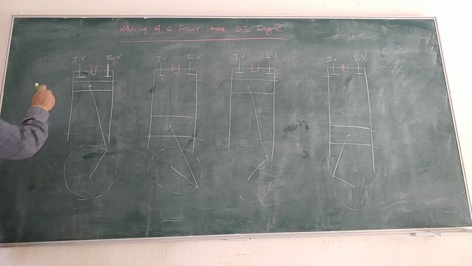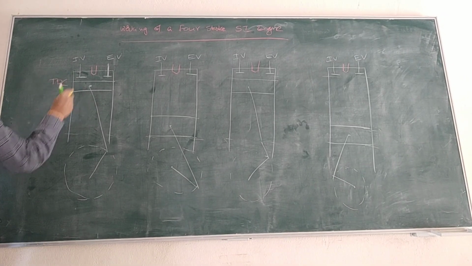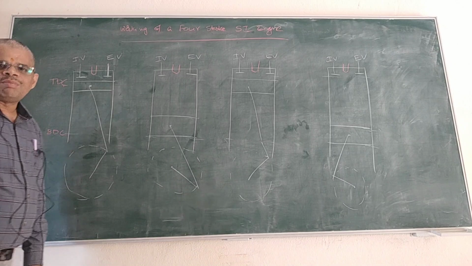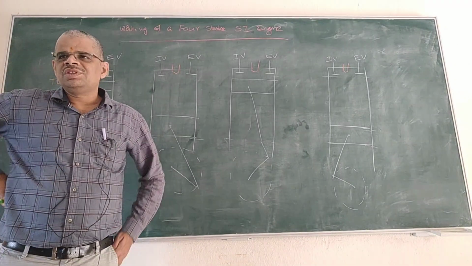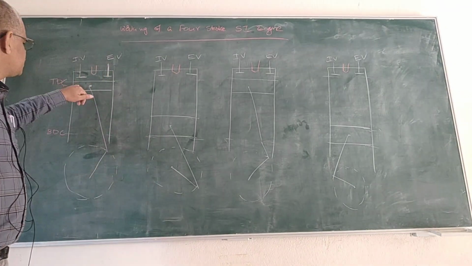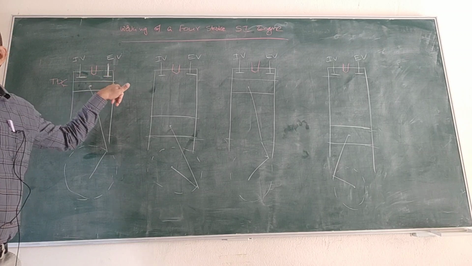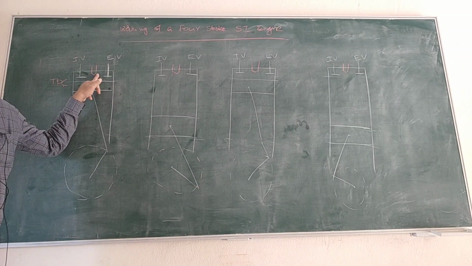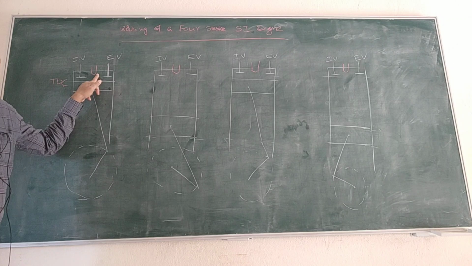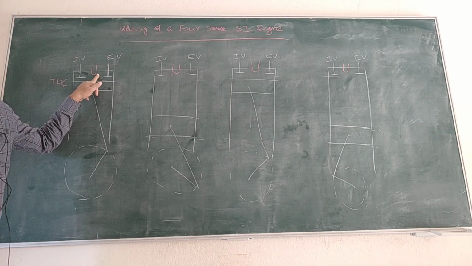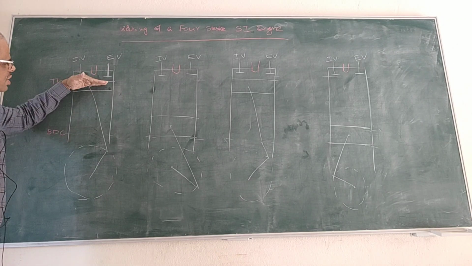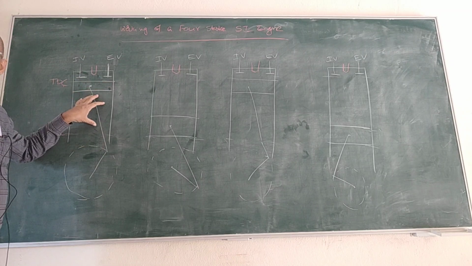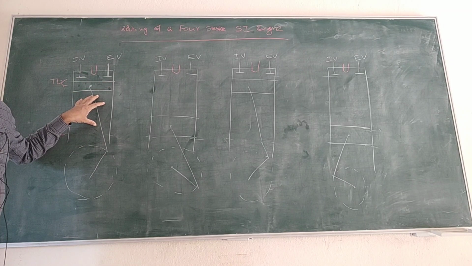So this is our TDC position of the engine and this is our BDC, top dead center and bottom dead center. Okay. So initially assume that the piston is at TDC and the volume above the TDC is called as clearance volume. And the volume covered by the piston when it moves from TDC to BDC is called as swept volume or stroke volume.